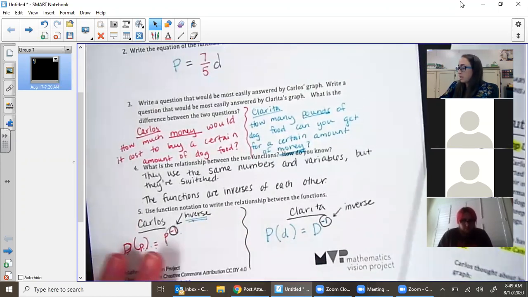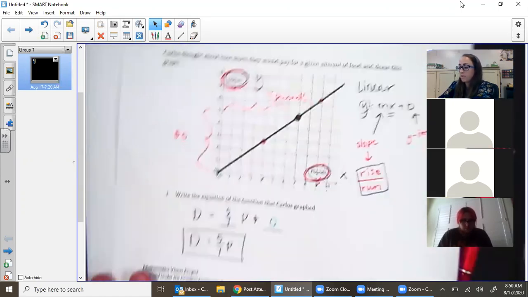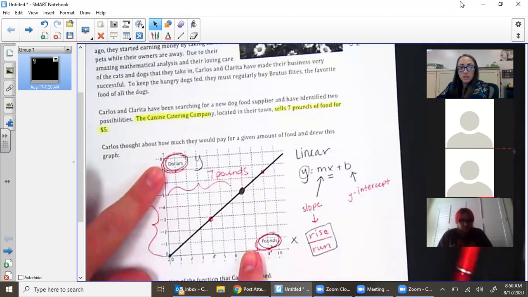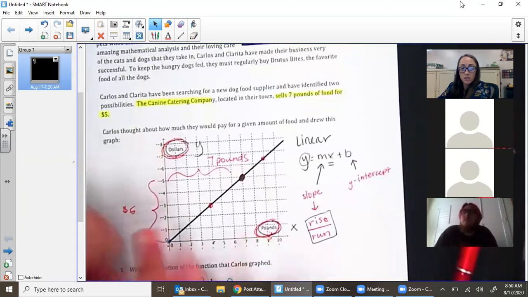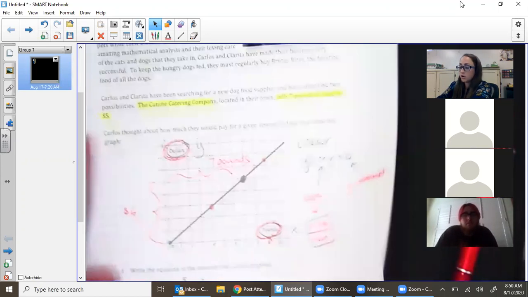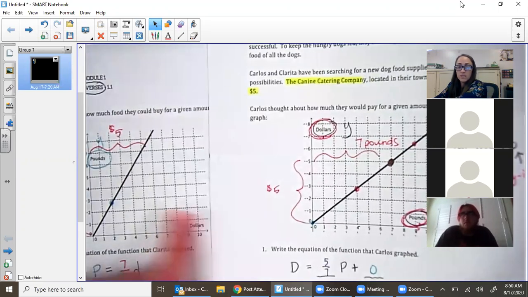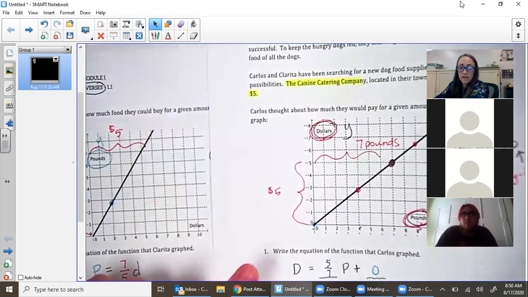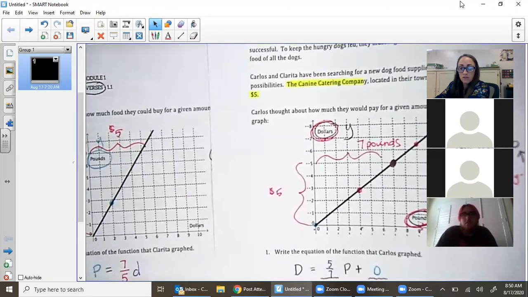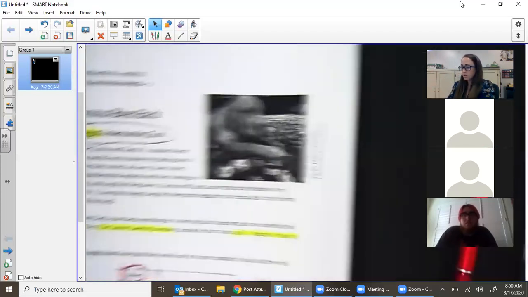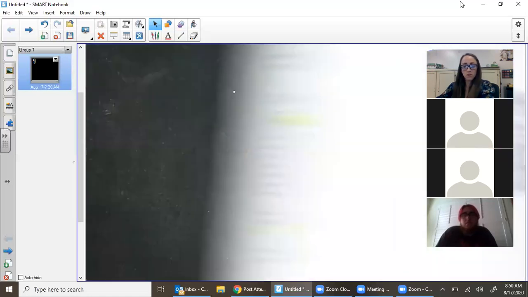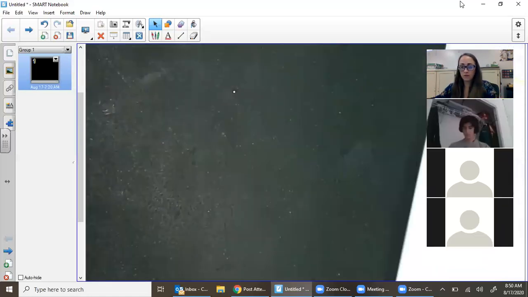The whole point is that we understand that inverses happen when the x-axis and the y-axis get switched, but they still show the same exact information. So that's the takeaway that I want you guys to understand today: inverses show the same thing, but the X and Y axis are just switched around. If you're still a little confused, you're supposed to be at this point.